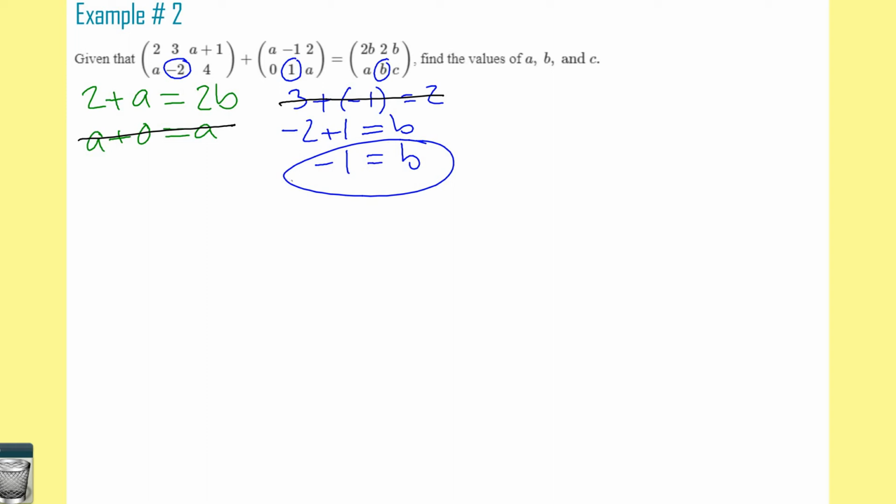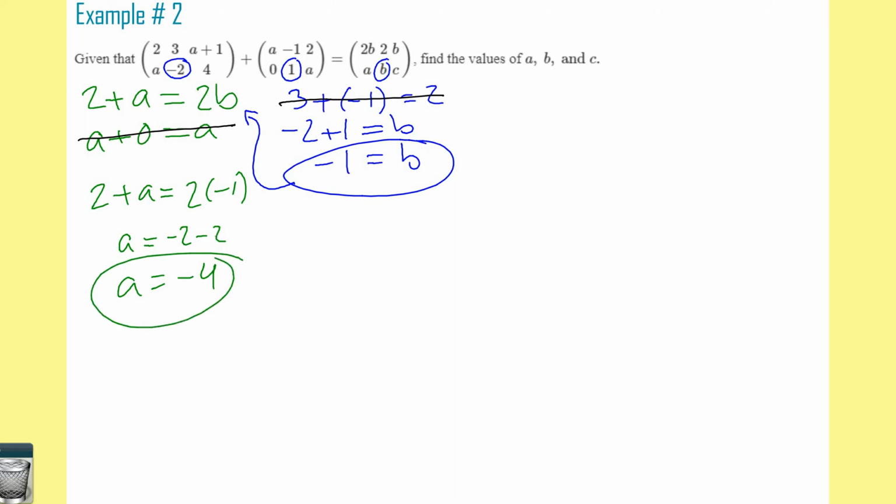So then I can go ahead and plug that into my other one and figure out what A is. Let's go back over here to the first column. We have 2 plus A equals 2 times negative 1. So A equals negative 2 minus 2, so A equals negative 4. Alright, let's match up the last one.